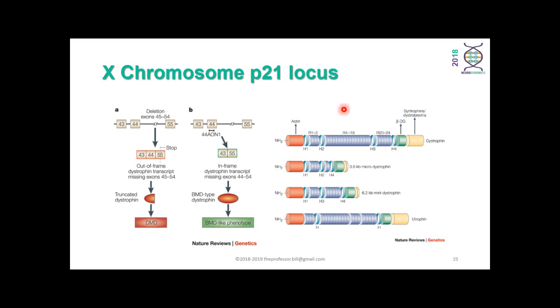So on this side of the diagram, at this time, you don't really need to worry about what's here. I'm going to go through this on a different diagram with you in terms of what the structure of dystrophin looks like, and this is just indicating the structure. But on this particular diagram, I don't need you to worry too much about it.